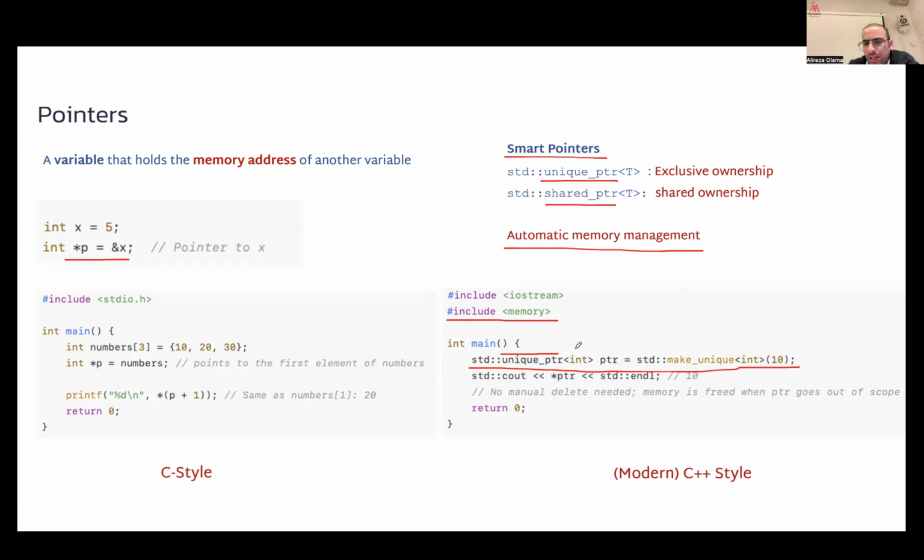This is a pointer to an integer that you define with this template notation. Then it follows with the pointer name. Then you use make_unique if you want to create a unique pointer, or make_shared if you want to create a shared pointer. And then you specify the integer data type and the value.